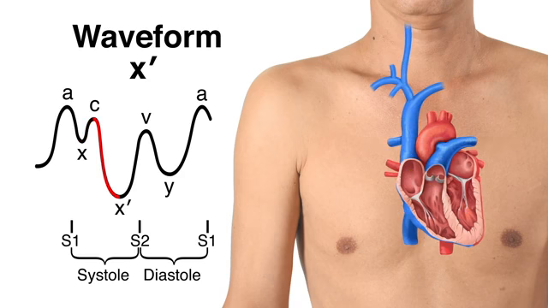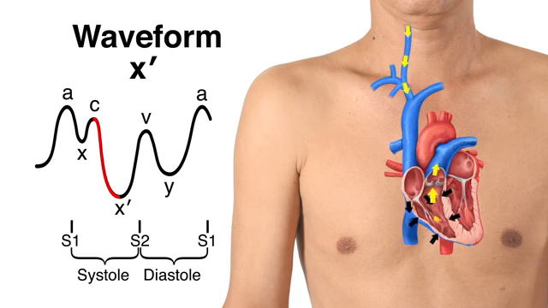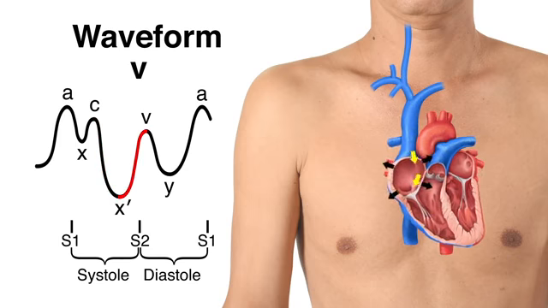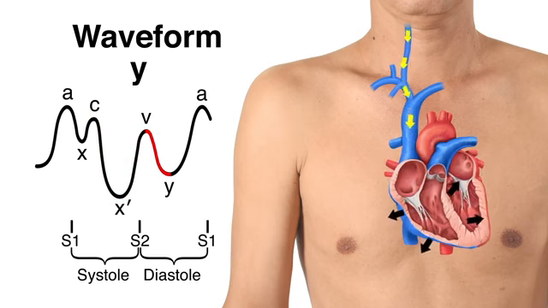The X' descent, which begins during ventricular systole, reflects the downward movement of the right atrial floor and contraction of the right ventricle. The V wave corresponds to right atrial filling, and the Y descent, which begins during diastole, reflects the filling of the right ventricle after the opening of the tricuspid valve.